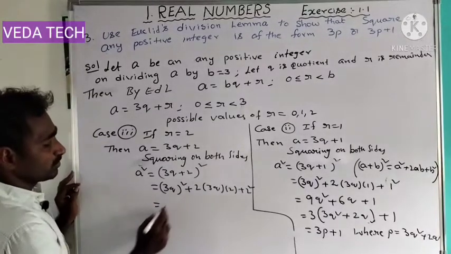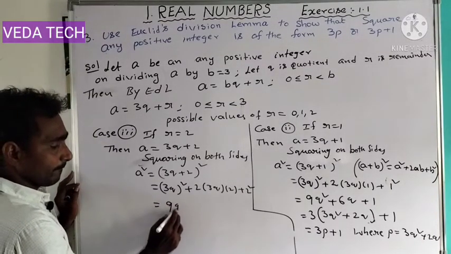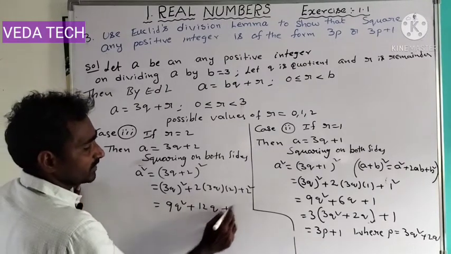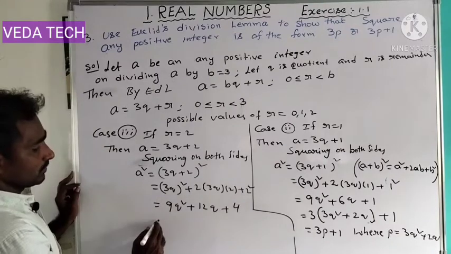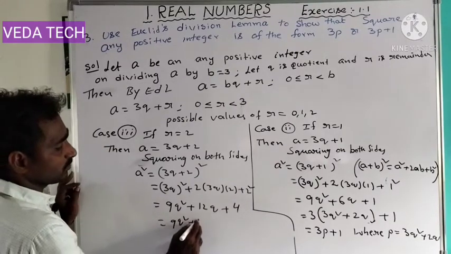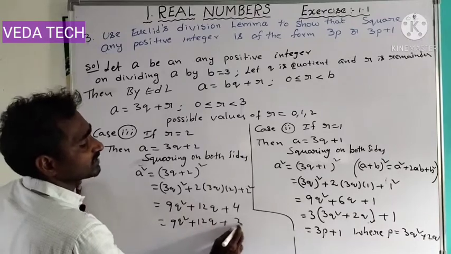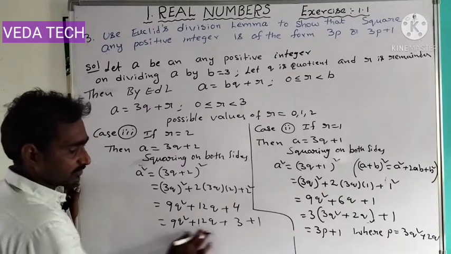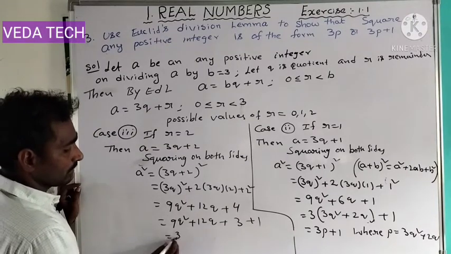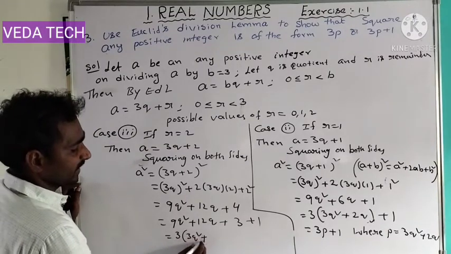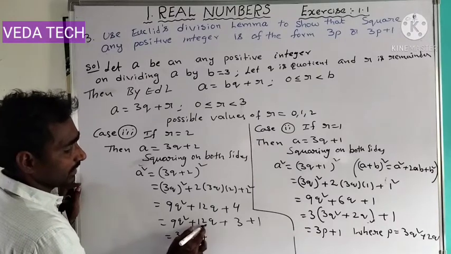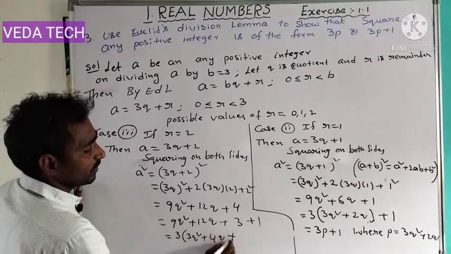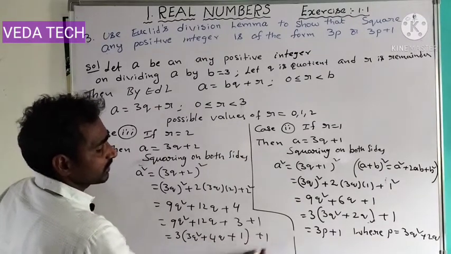So 3q square means 9q square, plus 2 into 3q into 2, that is 12q, plus 2 square, which is 4. So 9q square plus 12q plus 4, where 4 can be written as 3 plus 1. In the first three terms take 3 common: 12 can be written as 4 into 3, so 3 times (3q square plus 4q plus 1) plus 1.